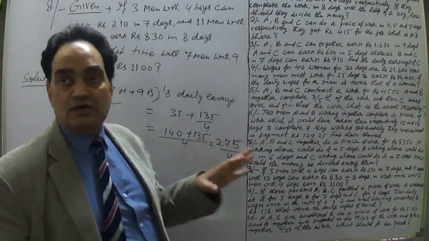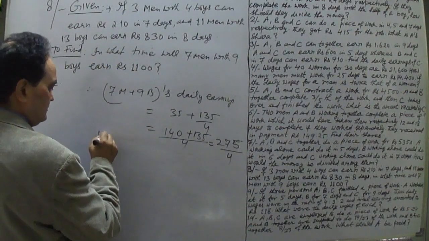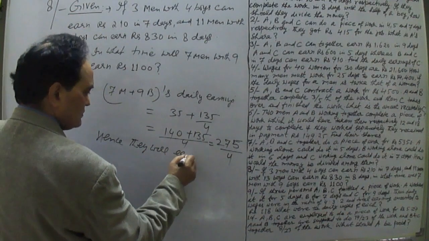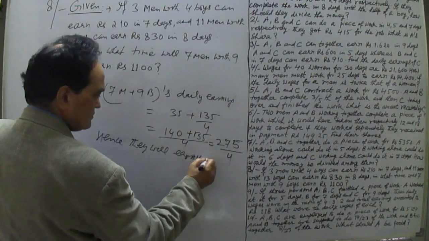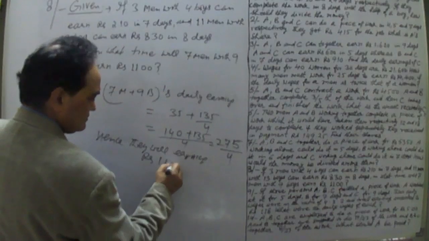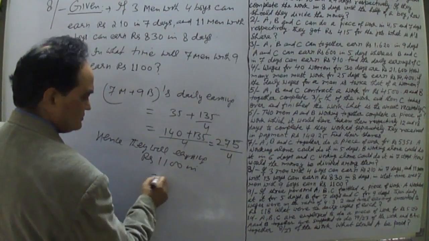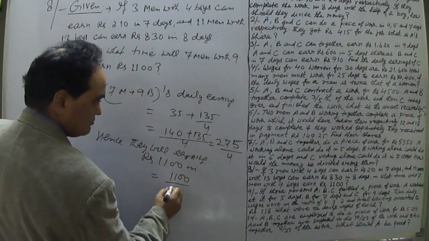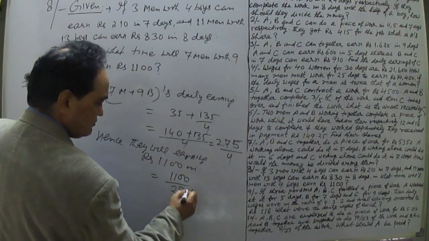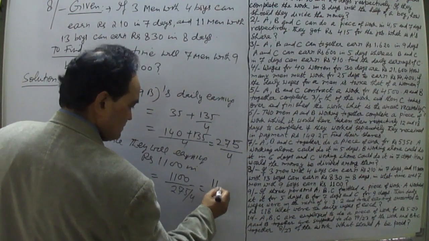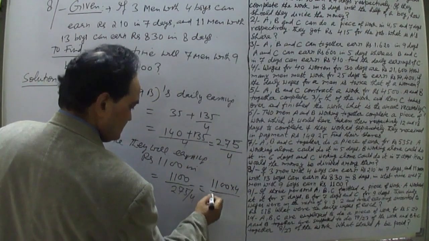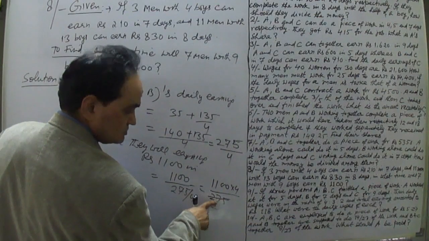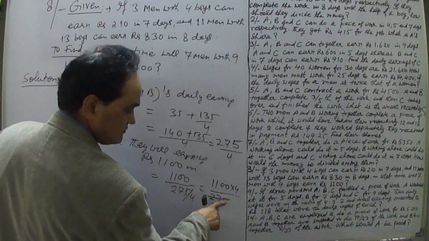Therefore, they will earn rupees 1100 in how many days? 1100 divided by this per day earning. The number of days can then be calculated as 1100 into 4 divided by 275. 11 to the 22, 5 remainder, so 5 and 5 is 55.